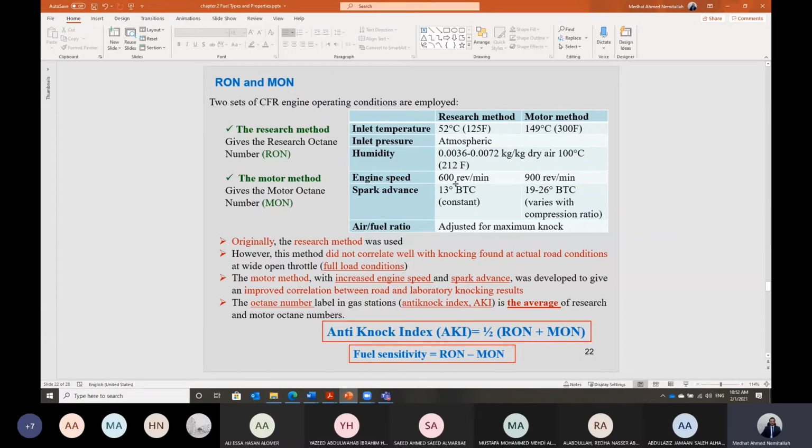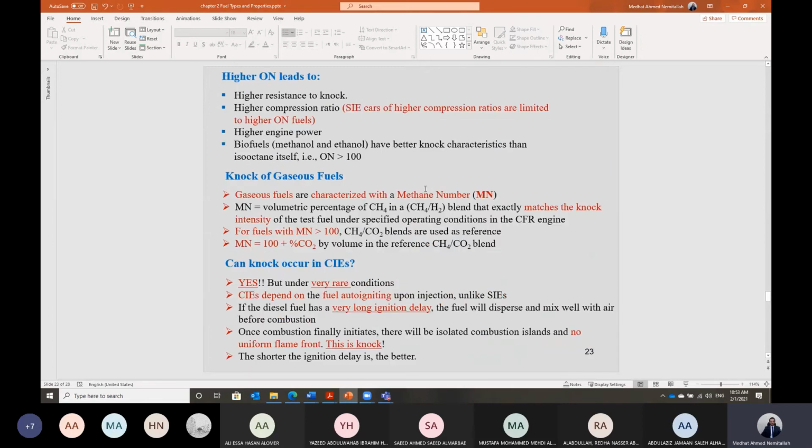So we have to clean it. In some severe situations, we have to change the spark plug and the fuel injector, and clean the intake valve as well to remove the soot and all the accumulation, so that we can prevent engine knock.